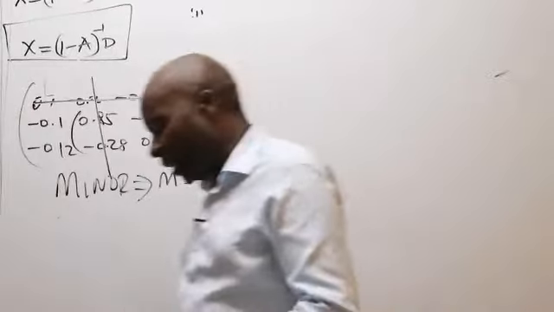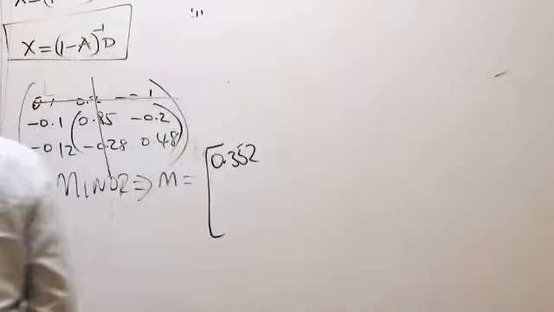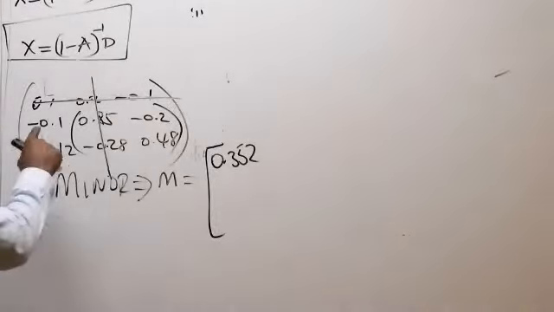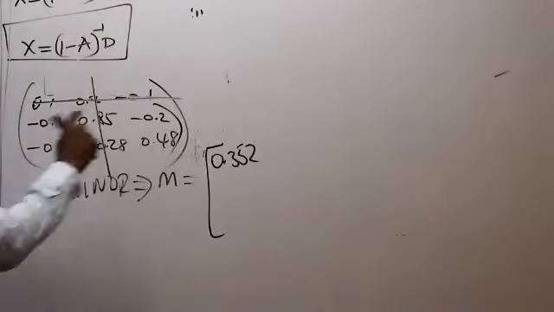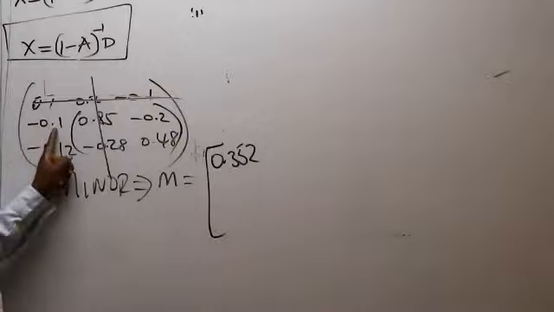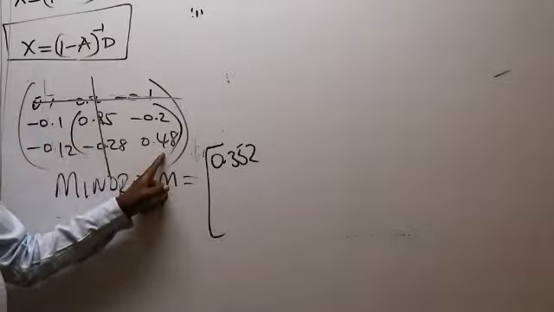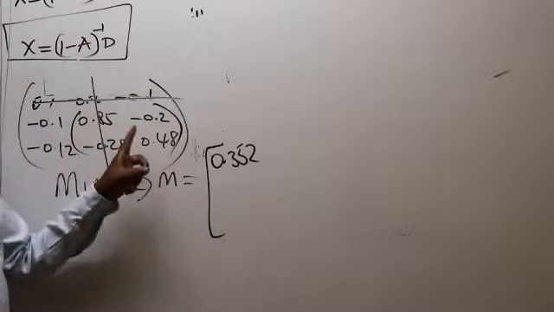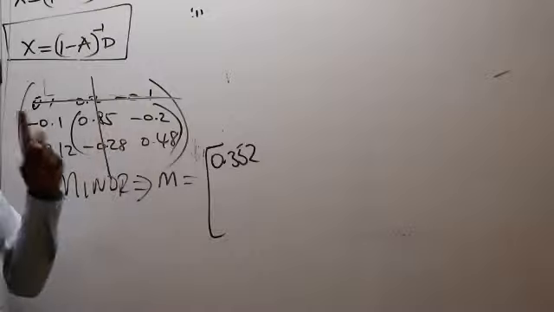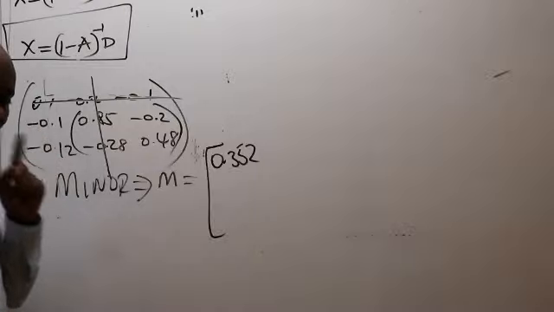So I need to identify the 4 uncovered elements. I have this and this, primary. Remember primary first. So the primary here should be minus 0.1 times 0.48. And then I say minus, and minus are always open brackets for the secondary.